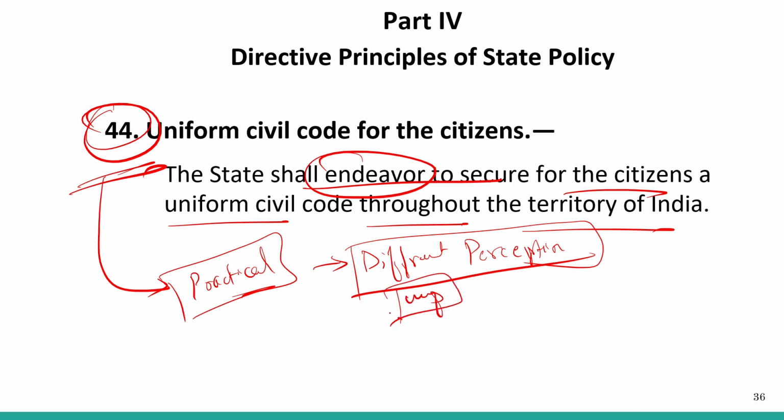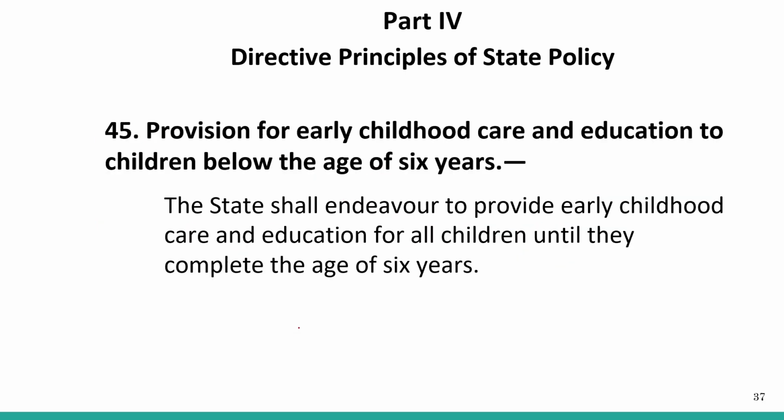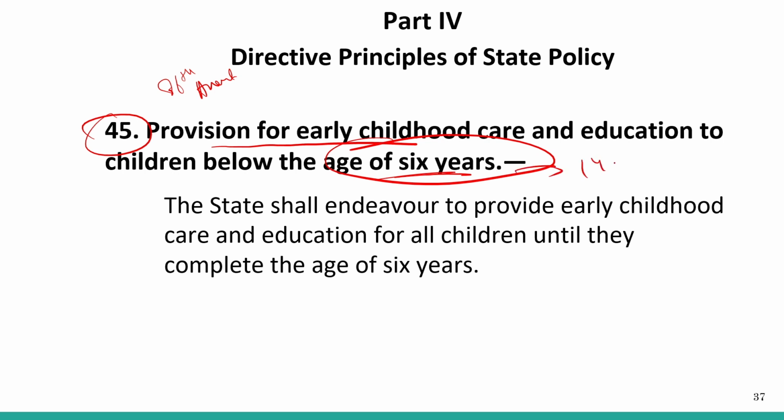Then we move forward to Article 45. Now you see that before the 86th Amendment, the age was not mentioned as 6 years, it was mentioned rather as 14 years. Okay. And I just told you that by bringing about amendments in the Constitution, we can even enforce the directive principles of state policy.